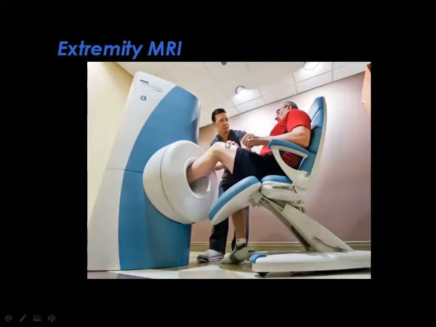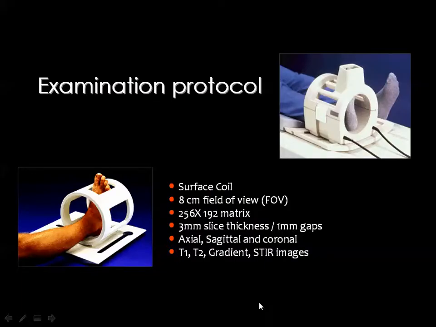And you know that this machine is very good considering the resolution, since the surface coil is the coil of the magnet itself. Then, in order to examine the ankle, we would have a surface coil, and these are examples, and we should select a field of view suitable for evaluation of the ankle, and this field of view should range between 8 and 12 centimeters.